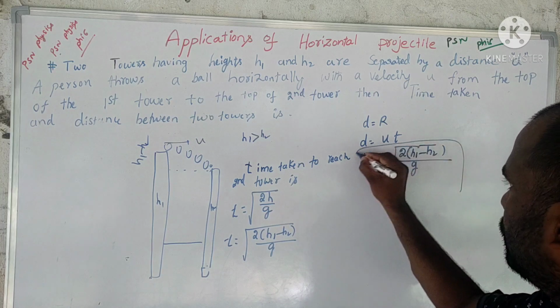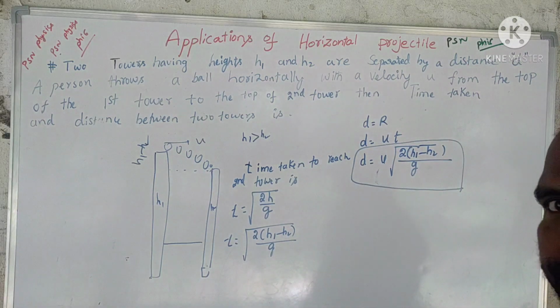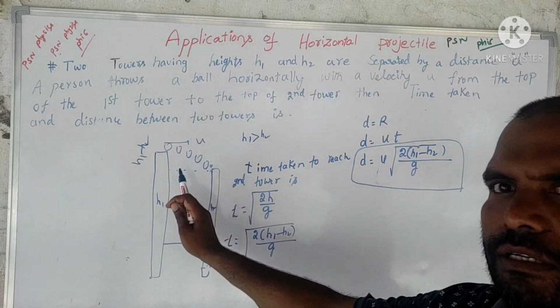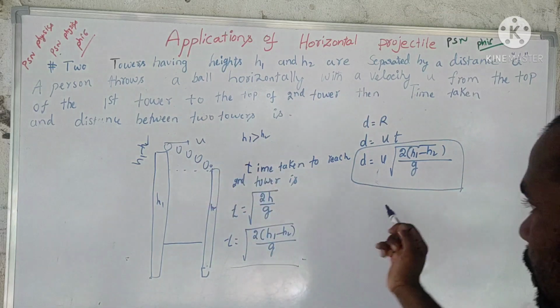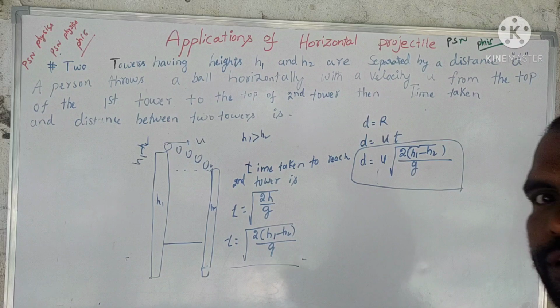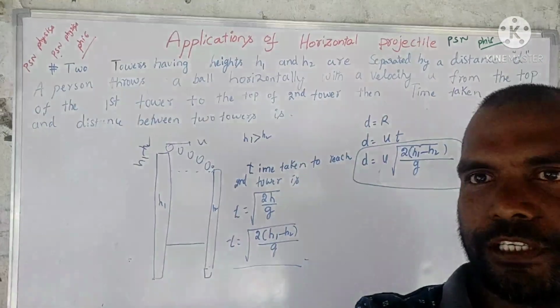This is the distance between the two towers. Two things we asked here: one is the time taken to reach the second tower, and the other is the distance between the two towers, which is nothing but the range of the projectile.